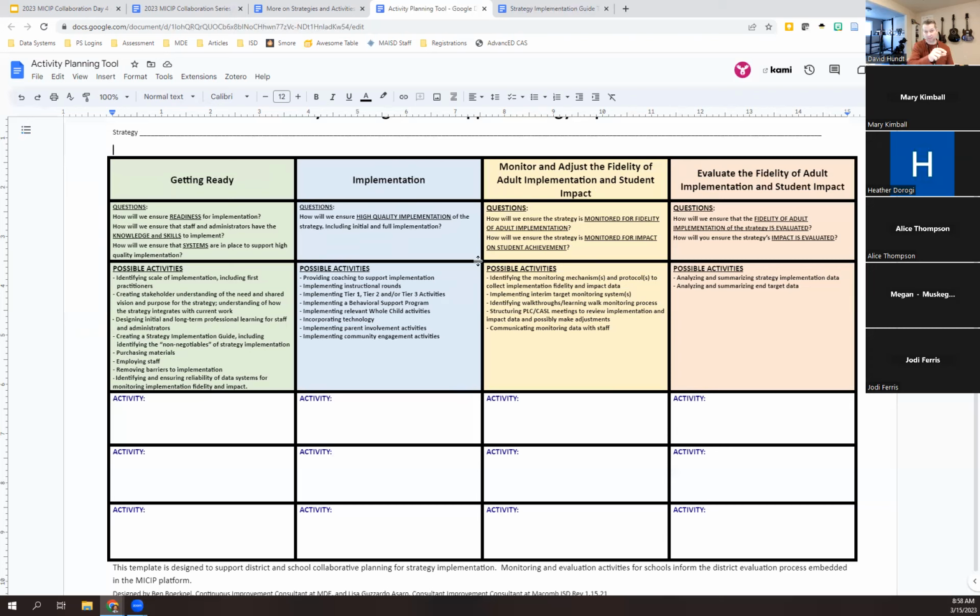I'll have them put that at the beginning of the activity. So getting ready, set up meetings for the year. Implementation, hold the meetings. Implementation, hold the PD, right? Or monitoring, do peer walkthroughs. So this is a great thing to really start to think through. Once you have your strategy established, what are the activities you're going to put into place?